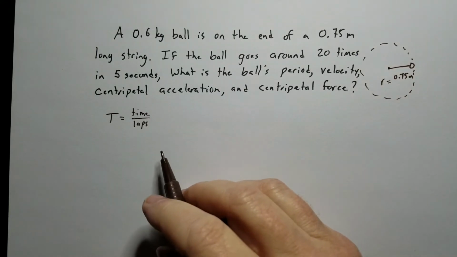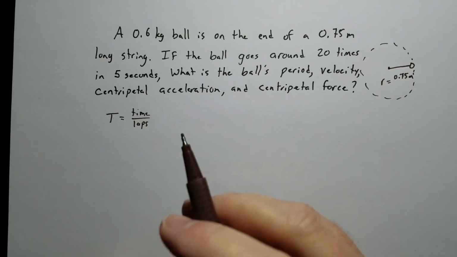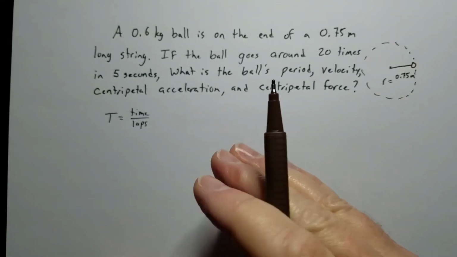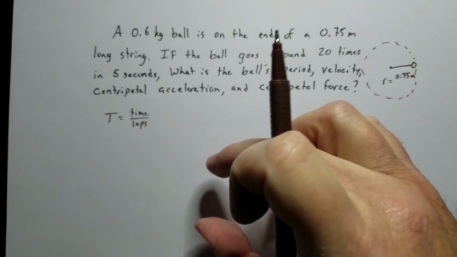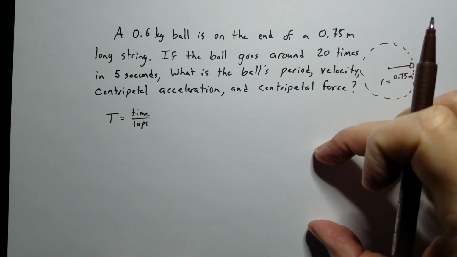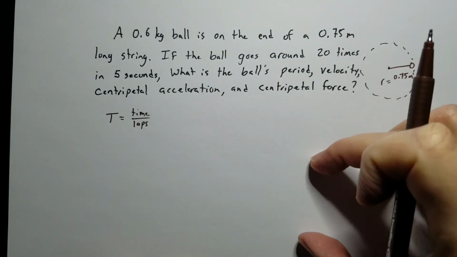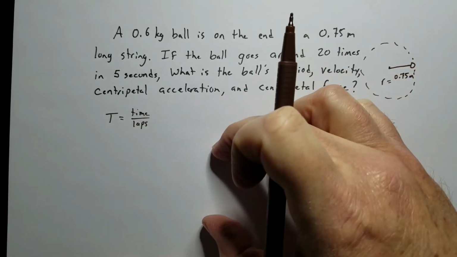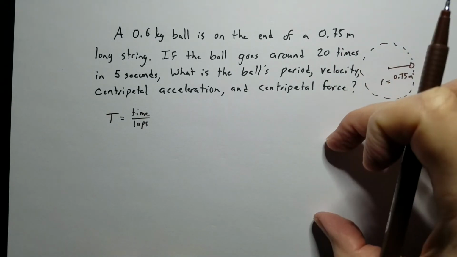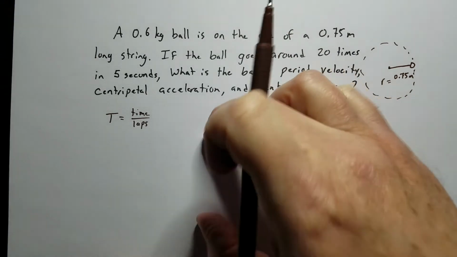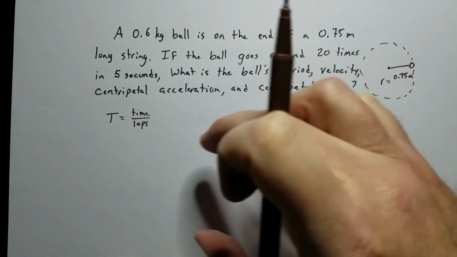I call these circular motion problems paint by numbers type problems because they all follow a certain pattern. They all go from period to velocity to acceleration to force. But you may jump in at a different place. You may already know the velocity, so you just find the acceleration and the force. Or you have the force, and then you find the acceleration, then the velocity, then the period, or something along that pattern.